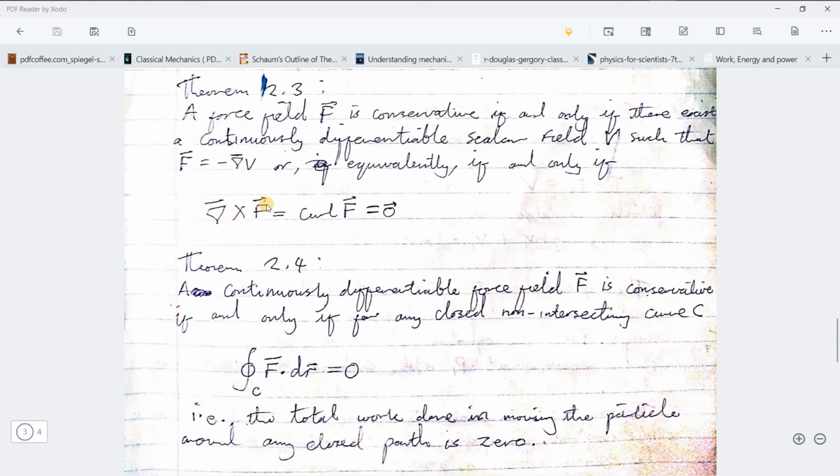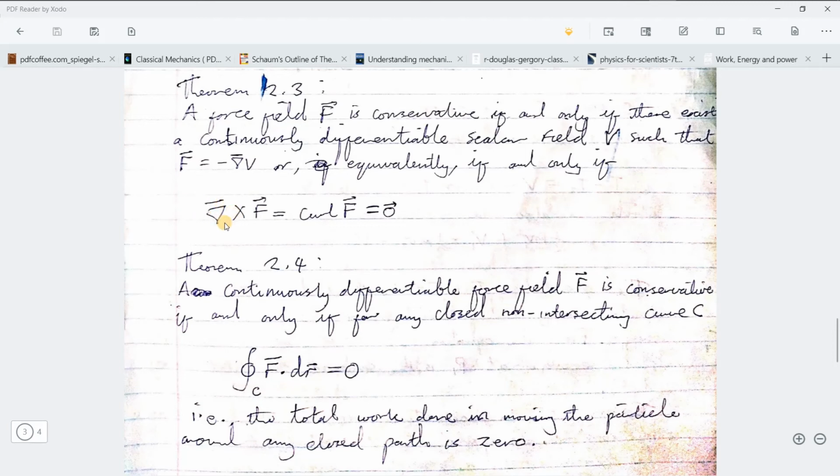You may be given in a question a force F, and this del operator, I'll show you what it is in an example. This is just an operator called the del operator.